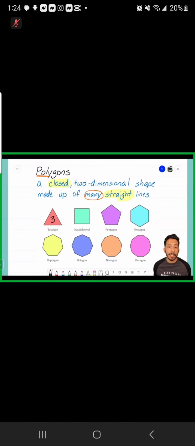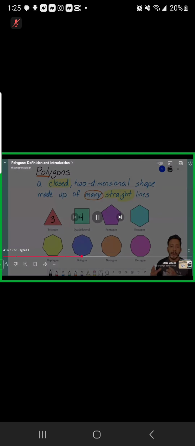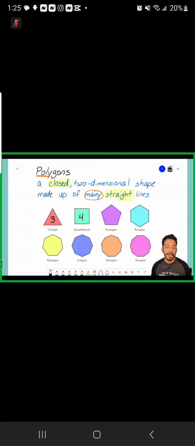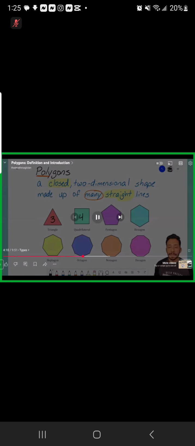Next, we move on to the quadrilaterals. And the quadrilaterals are polygons that are made up of 4 sides. And that includes your squares, your rectangles, your rhombuses, your trapezoids, your kites, your parallelograms. All of those 4-sided shapes go underneath that category of a quadrilateral. We are going to go into that in more detail as well, looking at the different types of quadrilaterals.